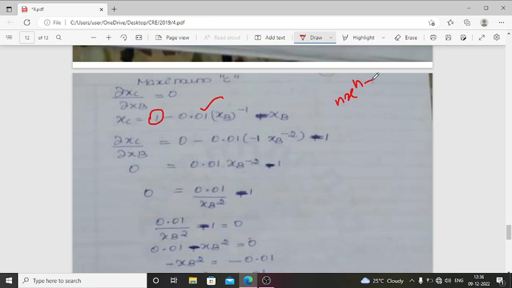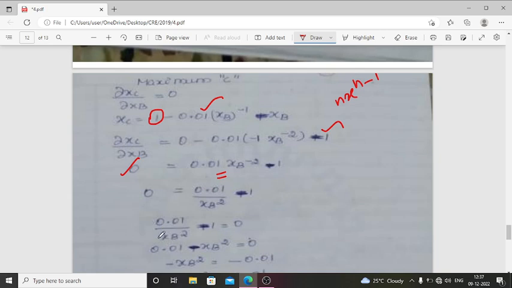So minus 0.01 into minus 1, XB to the power minus 2, minus 1. Maximum C means dXC by dXB equals 0, that is 0 equals 0.01 divided by XB squared minus 1.